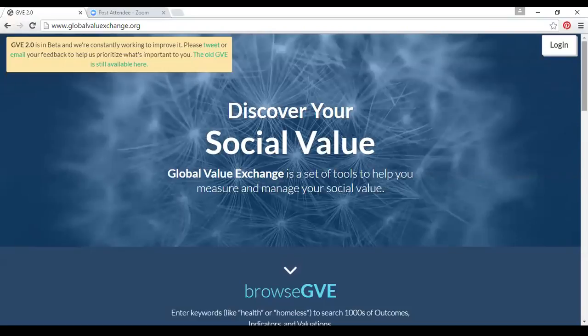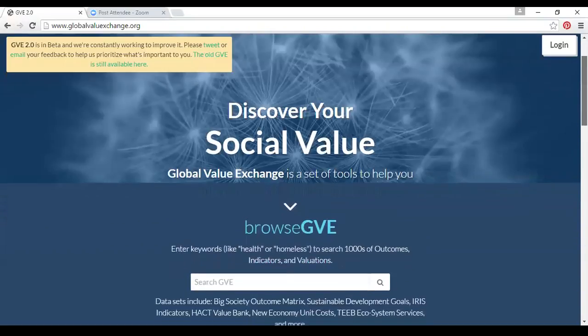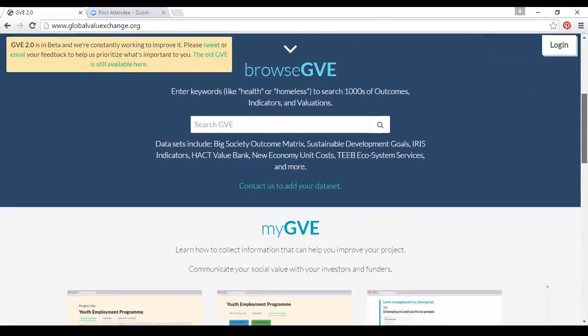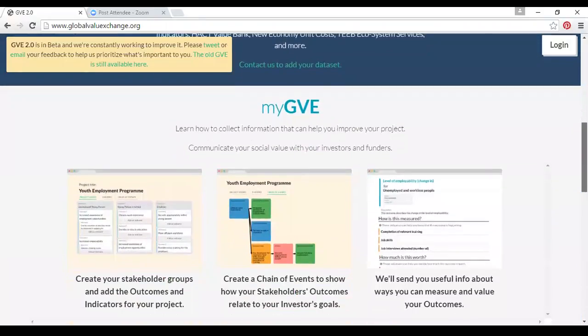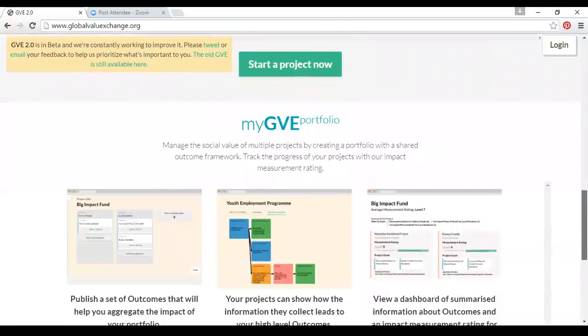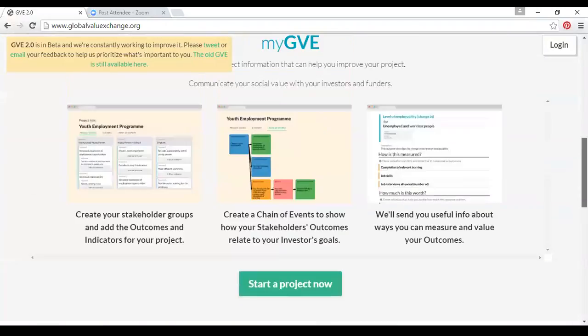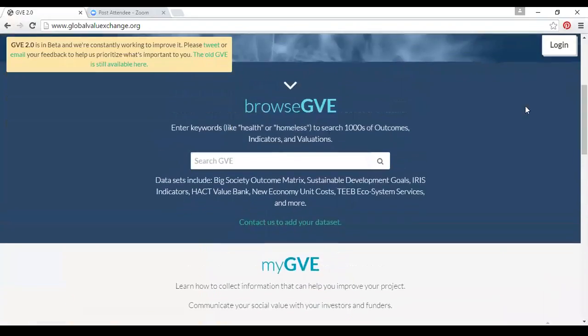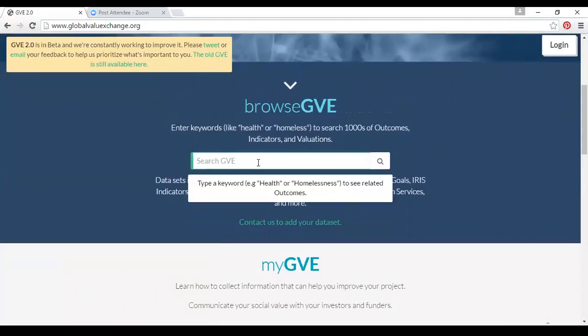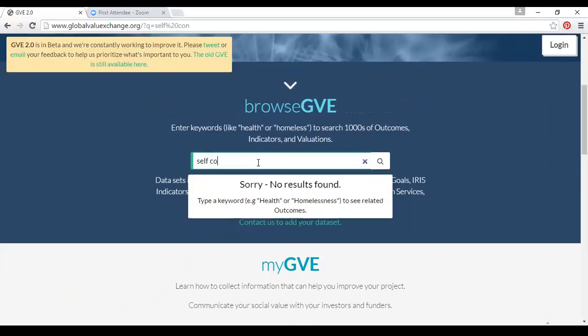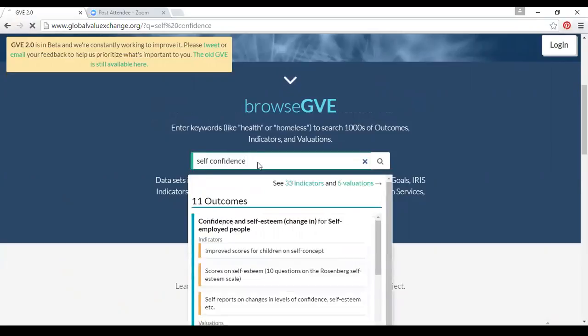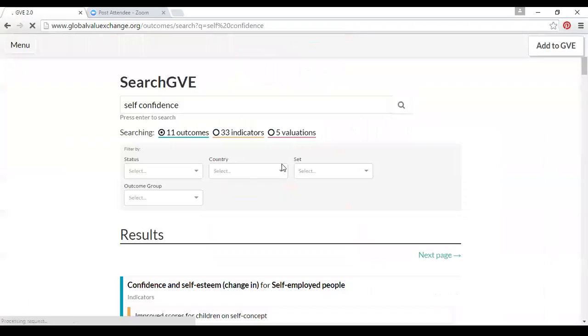Now, the Global Value Exchange has got some financial proxies on it. There's not always masses of values on here, but there is a lot around outcomes. So if we were to search for self-confidence and see what comes up.